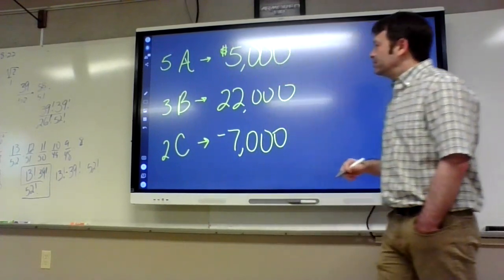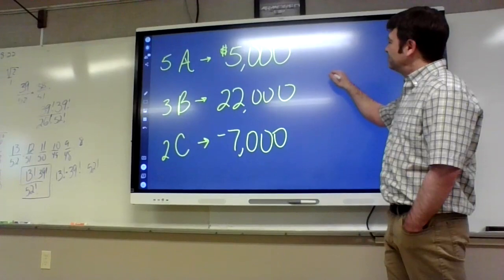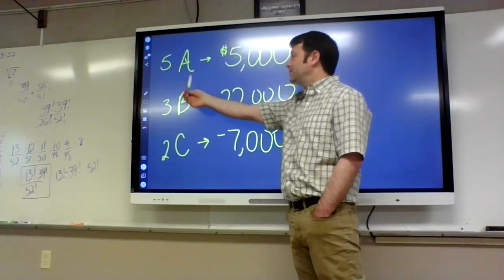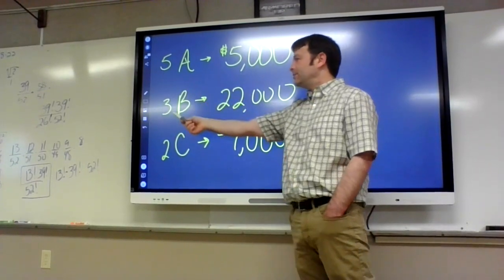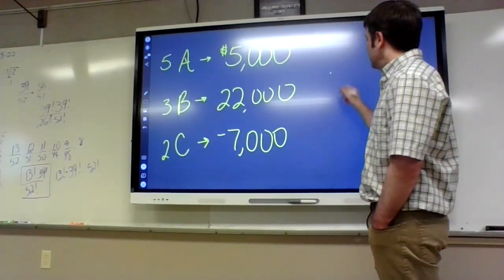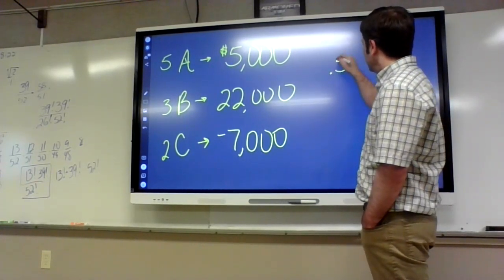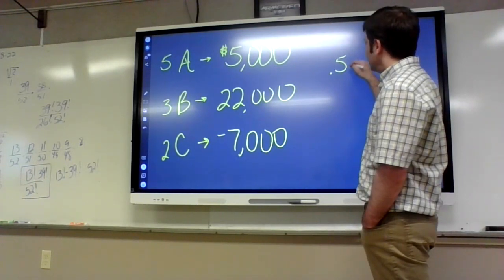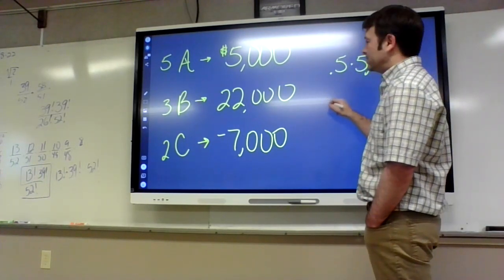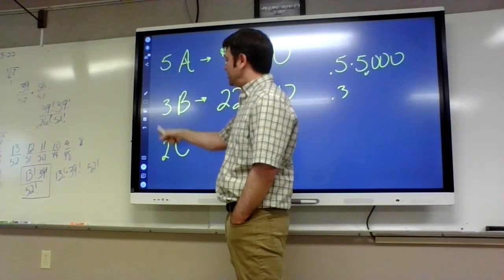Okay, so let's say that 5,000 is the average profit for these 5. 22,000 is the average for these 3. Negative 7,000 is the average for these 2. So, based on these numbers, there's 10 restaurants.